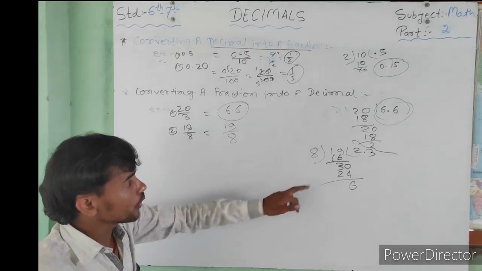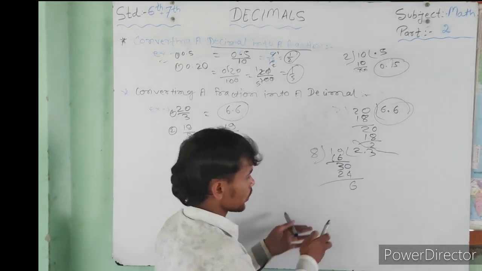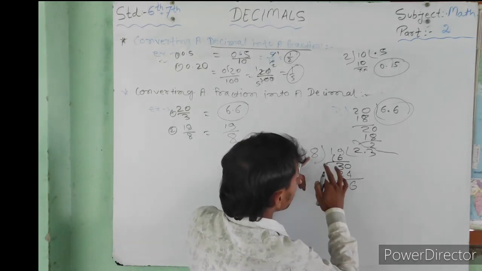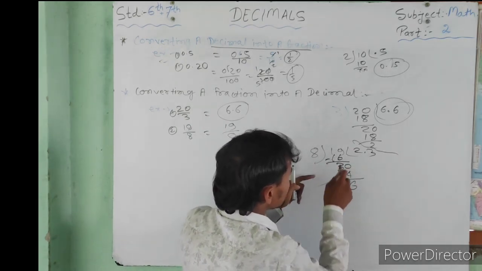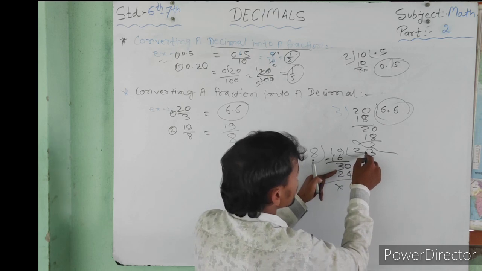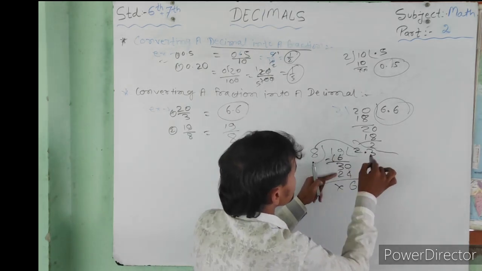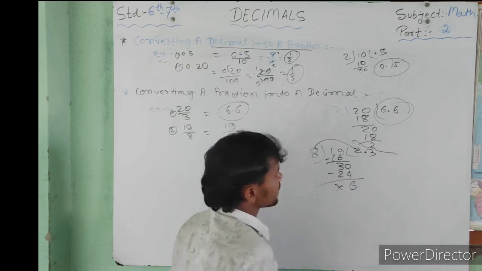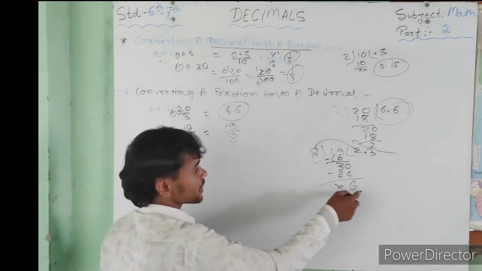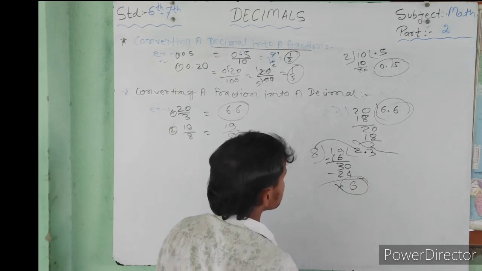When you write 2.3, it means 8 twos are 16, minus, remainder 3. Next, when you put the point here, after that you write 0. And next, 8 threes are 24, and when you subtract 24 from 30, the answer is 6.